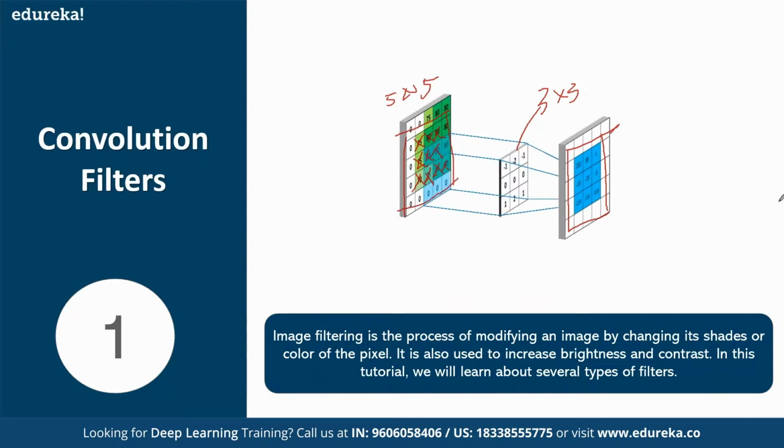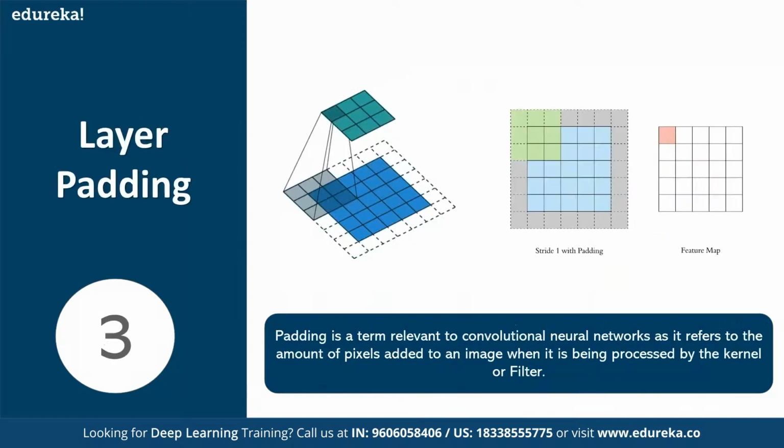this convolution operation. Now, in order to avoid losing the dimension while performing this convolution operation, we are going to make use of a layer which is called the padding layer. Now, if you observe this, I have my original image, which is of the shape 5 by 5. Now I have added a padding layer over here.